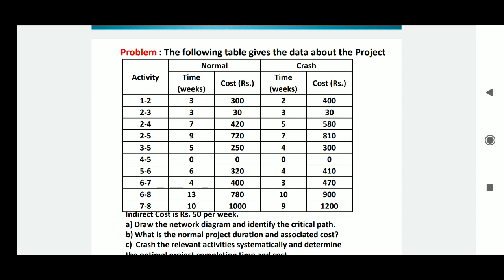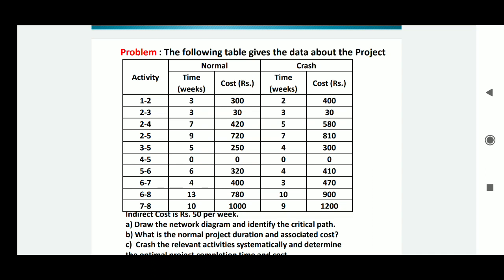If you want to reduce that activity, the crashing cost for the 2 weeks will be 400. Means for the 3 weeks you require normal cost 300, and if you reduce that project to 2 weeks, you will require rupees 400.